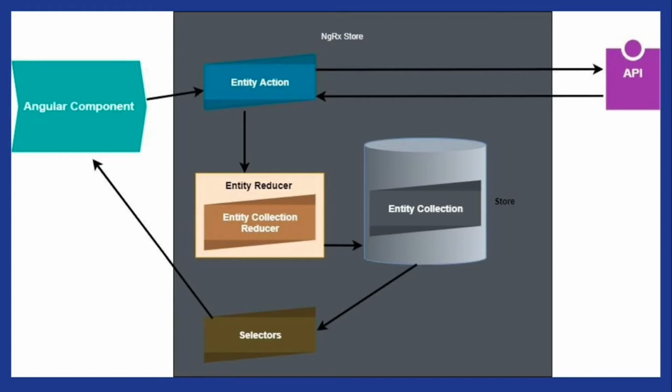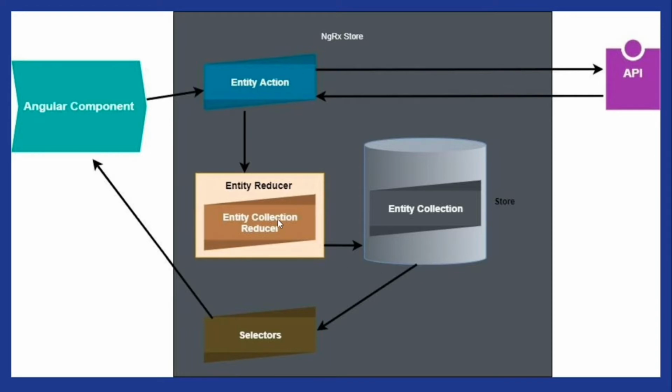Let's understand how the flow happens while using NgRx Data. To fetch data from the store, the component should invoke an action. In NgRx Data, the component invokes entity actions. Everything in this gray area happens implicitly. Nothing we have to write on our own.